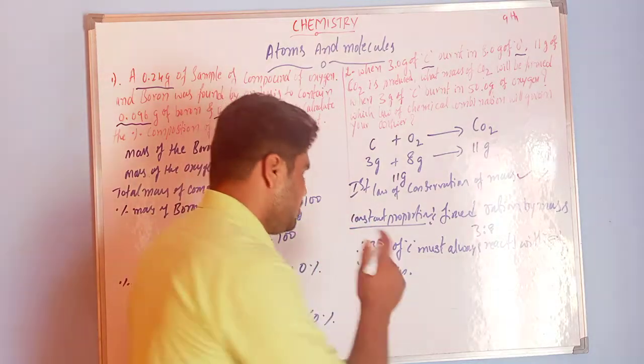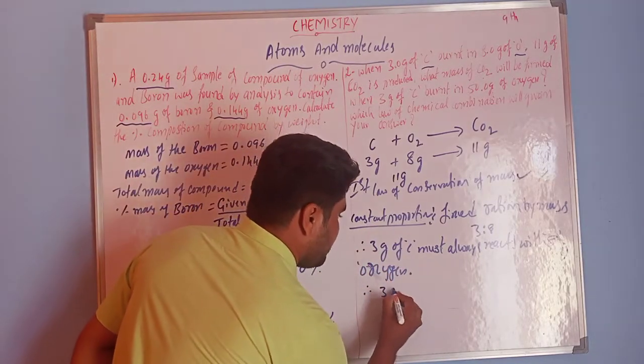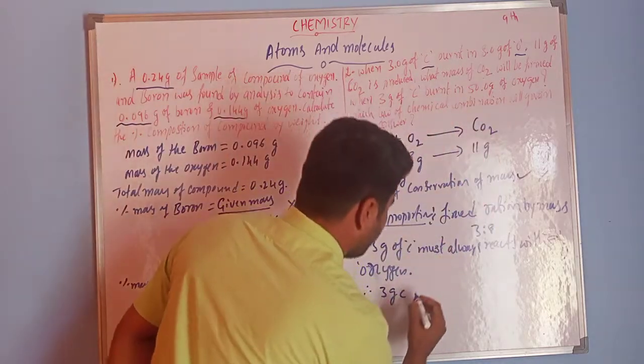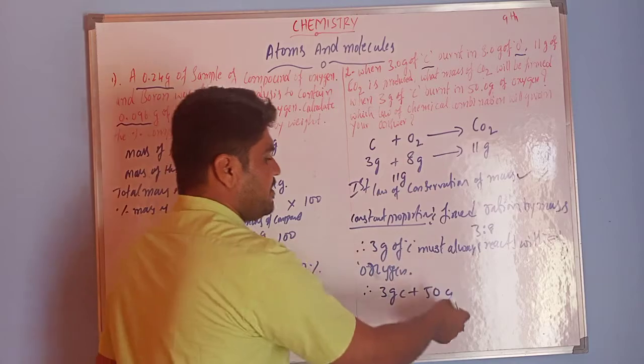So 3 grams of carbon burnt in 50 grams of oxygen. In the place of 8, 50 grams is there.